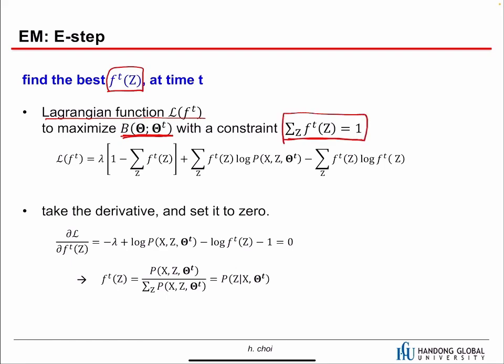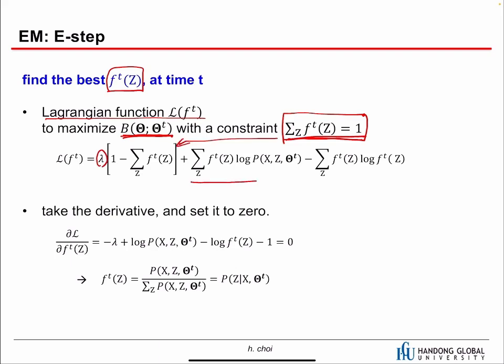So we maximize this one with the constraint. Is it familiar? Right, so we have to use a Lagrangian multiplier. We have lambda, the Lagrangian multiplier, and this goes into this one.